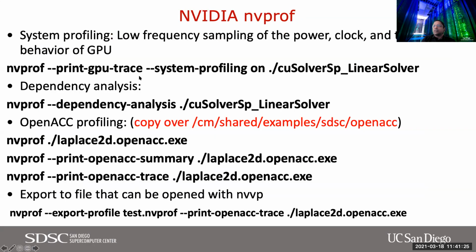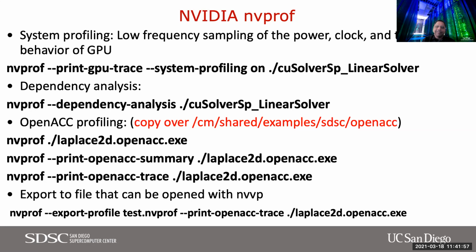You can also do a system profiling option. What that does is give you a little bit more info on what's happening on the GPU at the system level, like low frequency sampling of the power, the clock, and the thermal behavior. It's good to have this info because sometimes if the codes are really efficient, they might start hitting the limits of either the power or the clock.